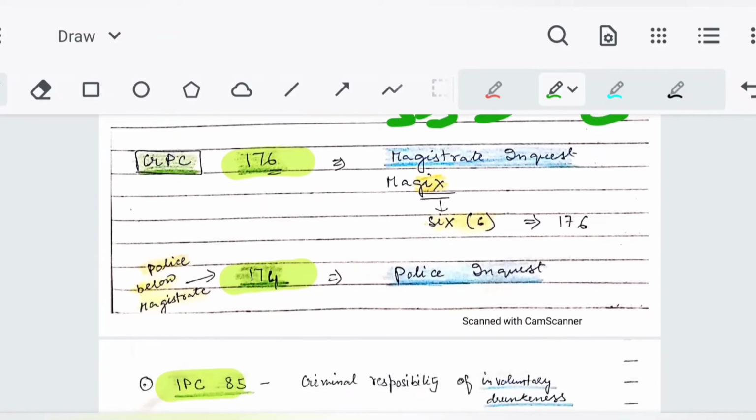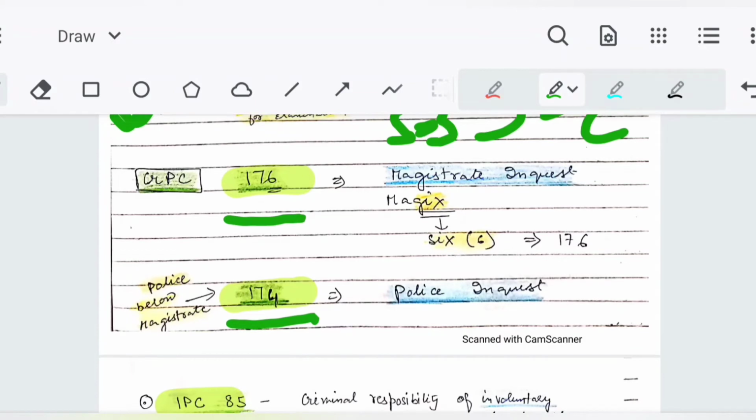Now CRPC 176 and 174. 176 is magistrate inquest and 174 is police inquest. Okay. So magistrate is "magics", we can say magics is equal to 6.